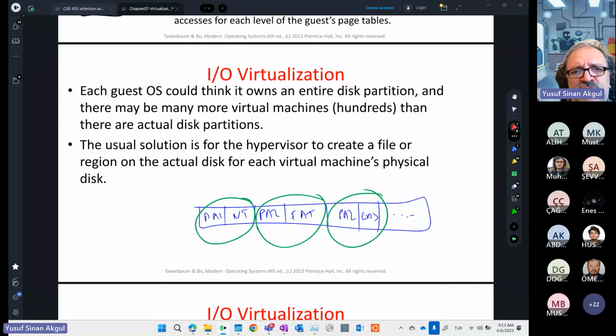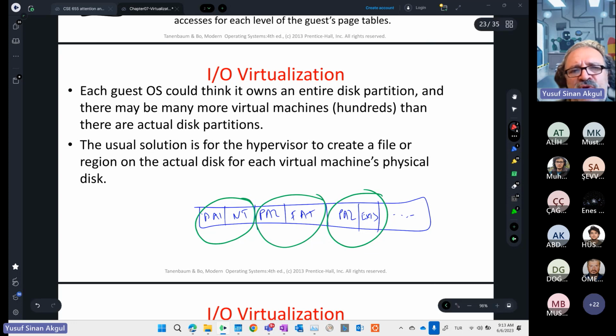That might be a good solution. But what happens if you have hundreds of virtual operating systems available? I cannot create hundreds of partitions. That would be expensive, unnecessary, and that wouldn't be dynamic.